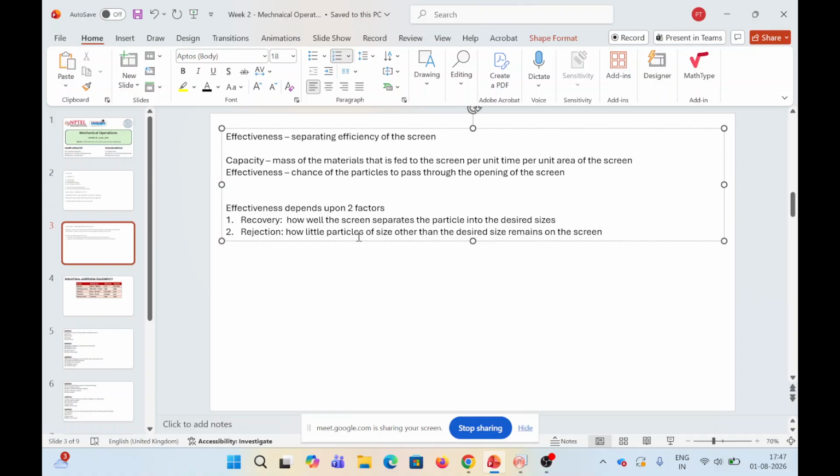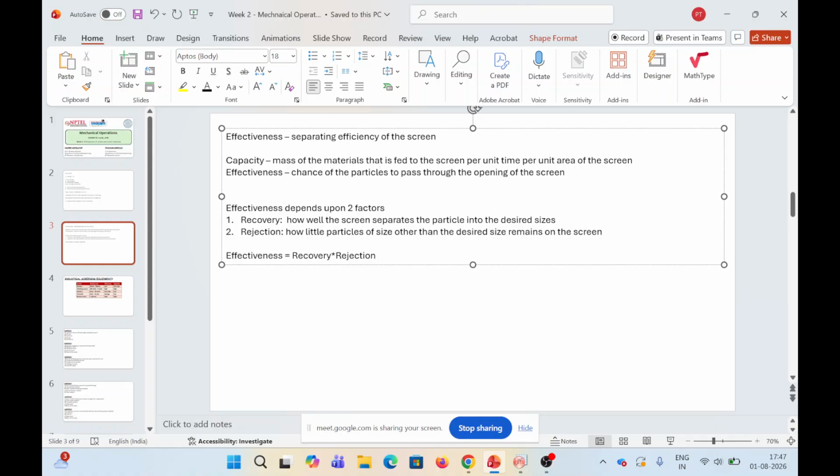So this is rejection. So efficiency, or effectiveness, is nothing but recovery times rejection. So you need to take into account both these factors.